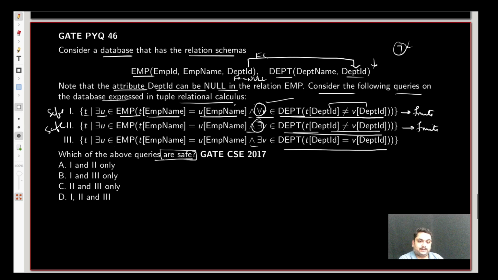Then here the same thing in the first part, and then they are saying there exists V and then equal. So again it will produce a finite result. There is nothing that produces infinite results, none of the queries. If you want to see an example where it produces infinite results, just check my previous video lecture, where I have explained how it can produce infinite results. So here the answer is 1, 2 and 3.